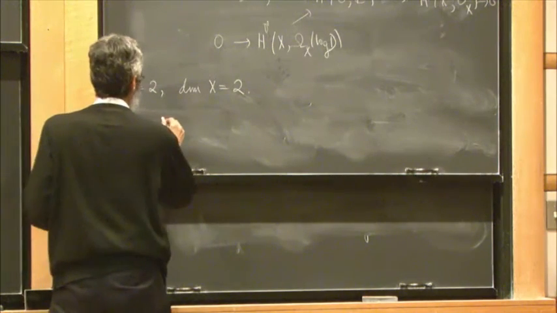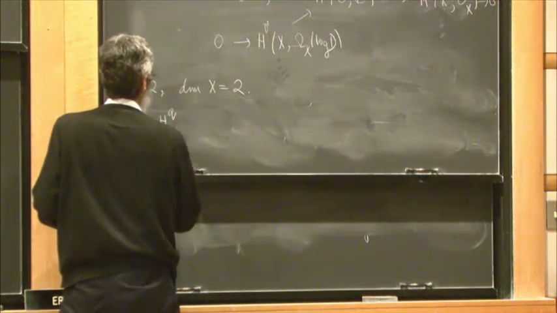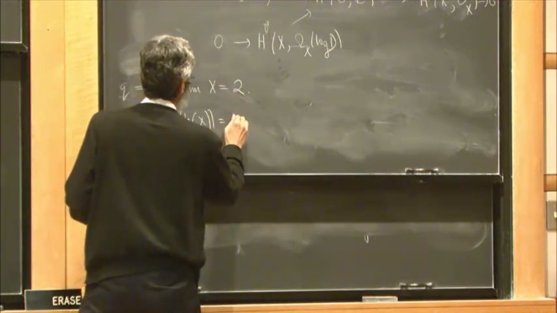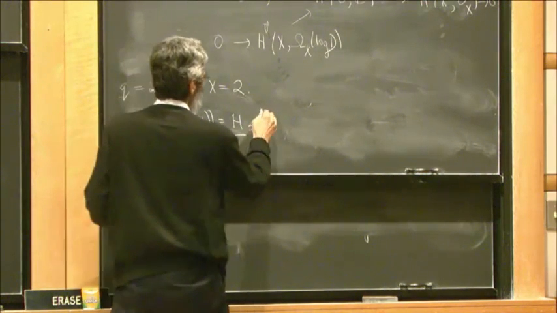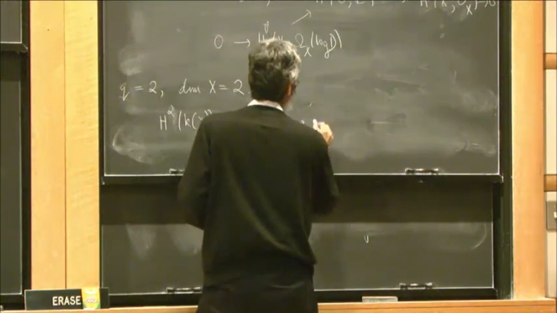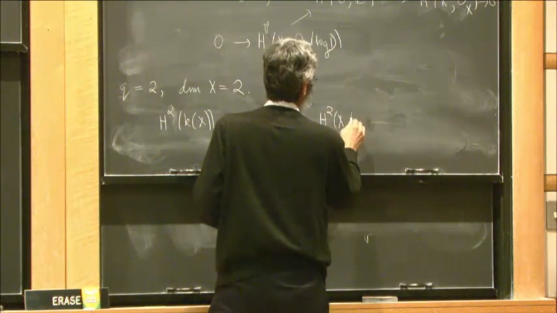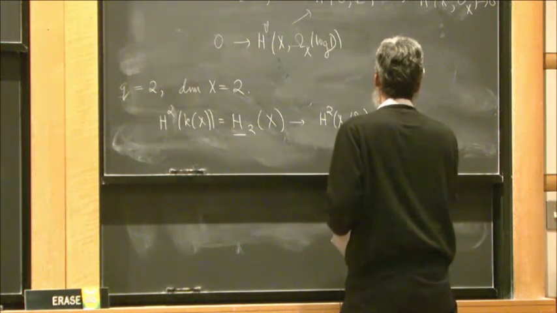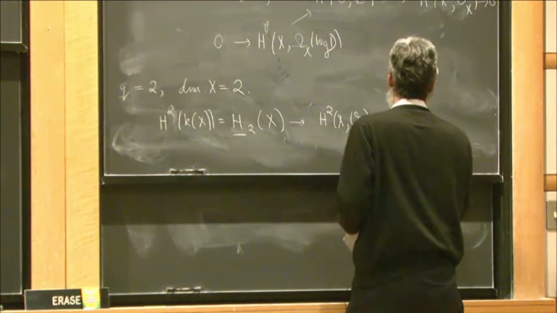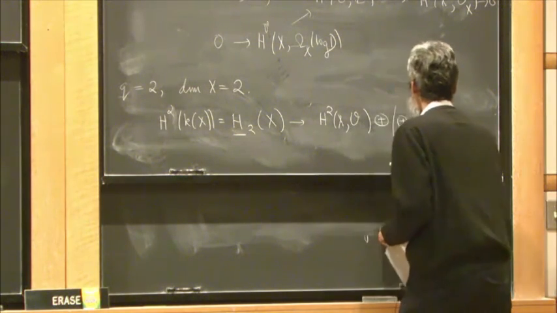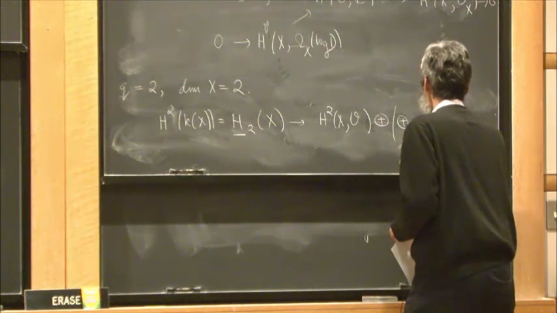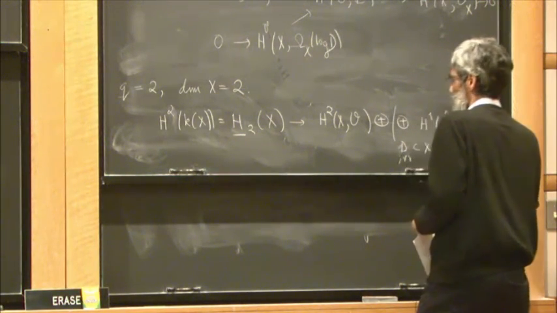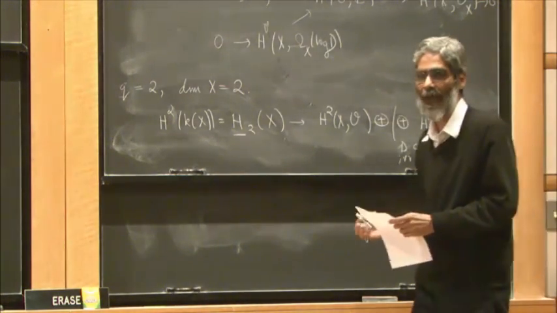So in this case, I get a map from H2 of kx, which is the same thing as what I called H2 bar of x, to H2 x O, direct sum the non-singular models, direct sum C contained in X, maybe D. These are irreducible curves, and here you will get H1 of D tilde, the structure sheaf. So you have this map.